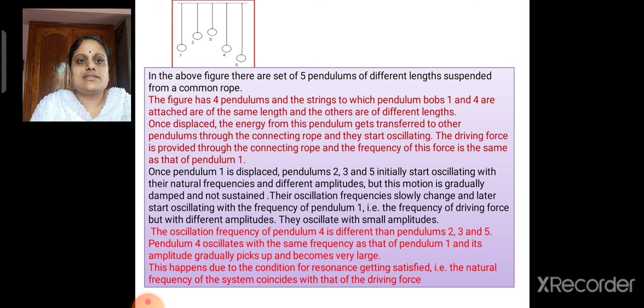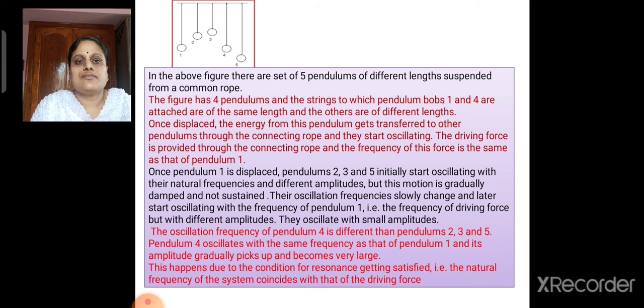Once displaced, the energy from this pendulum gets transferred to the other pendulums through the connecting rope and they also start oscillating. The driving force is provided through the connecting rope and the frequency of this force is the same as that of pendulum 1.